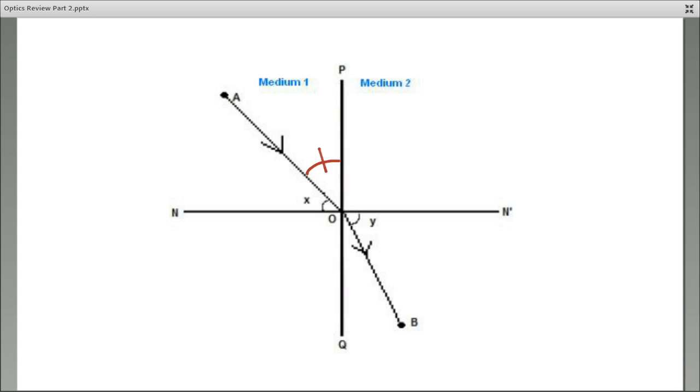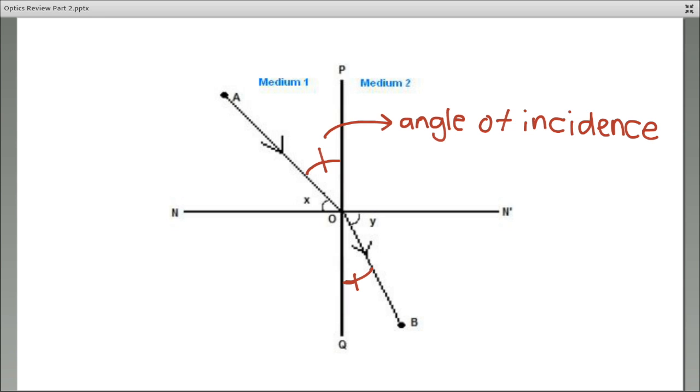This right here, this is your angle of incidence. And this right here is your angle of refraction.